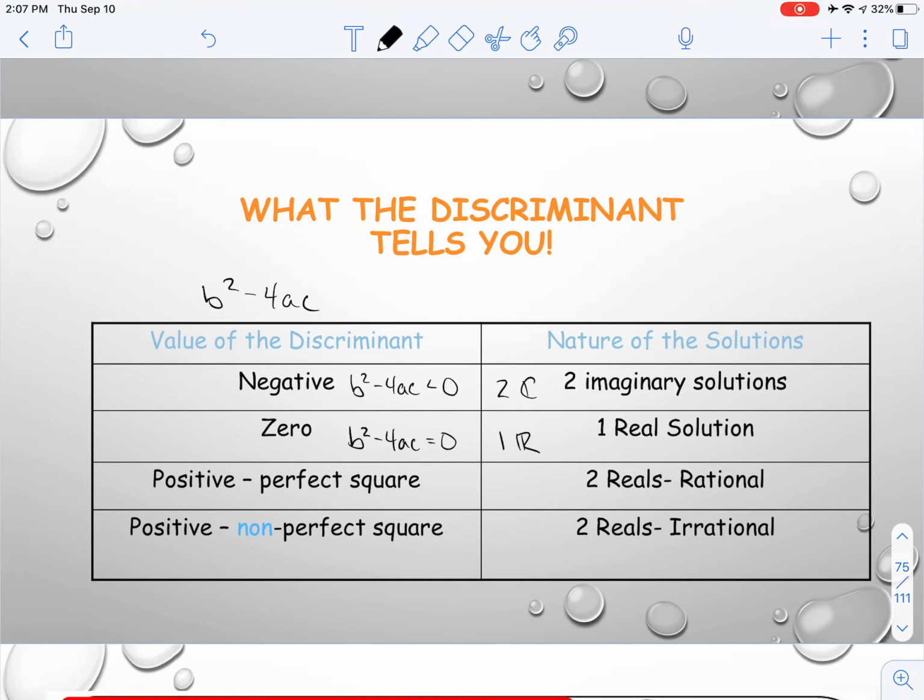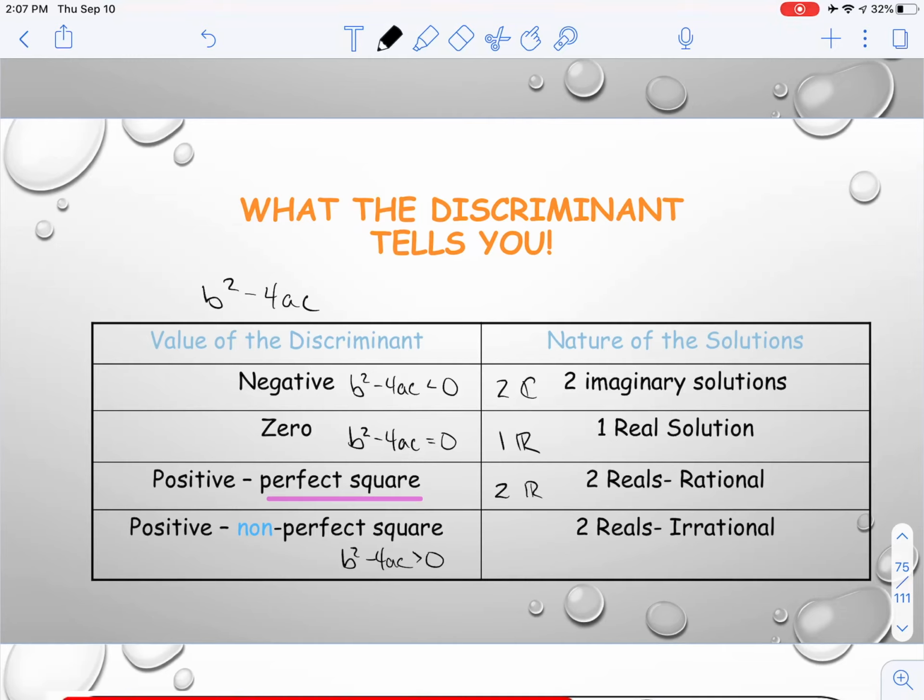And the last part here breaks down into 2 pieces. If b squared minus 4ac is greater than 0, okay, we're going to have 2 real solutions. But if it's greater than 0 and it is a perfect square, like a 4, a 16, a 25, then we're going to have 2 real and rational solutions, right?